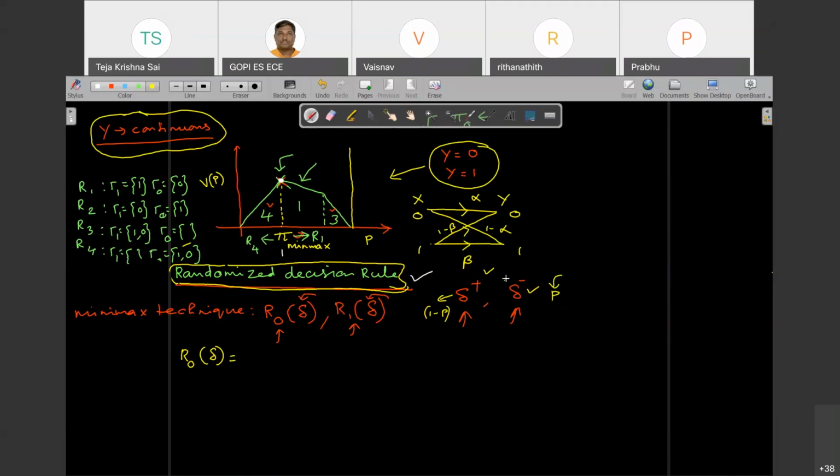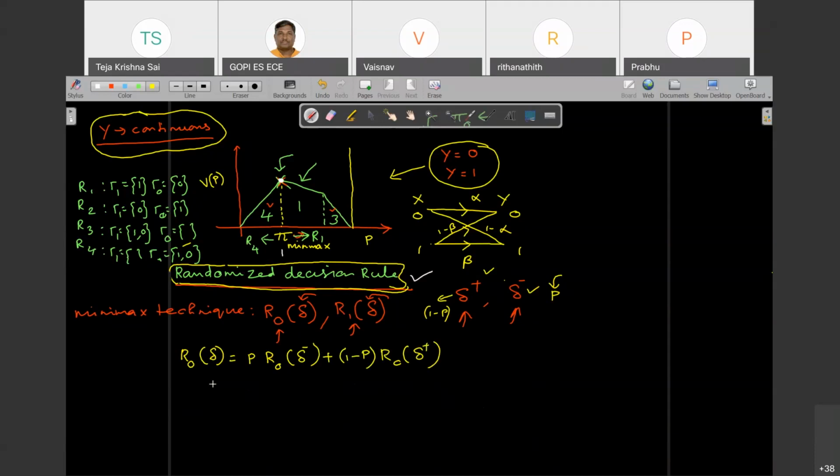Both the rules we are using with two different probabilities, one with P, another one with 1 minus P. So the conditional cost R naught of delta is given by P into R naught of delta minus plus 1 minus P into R naught of delta plus, because I'm just finding this average.